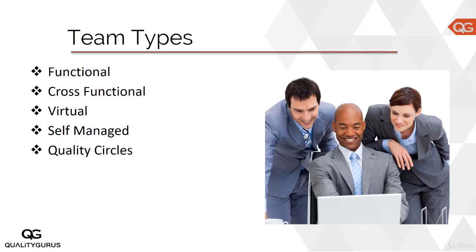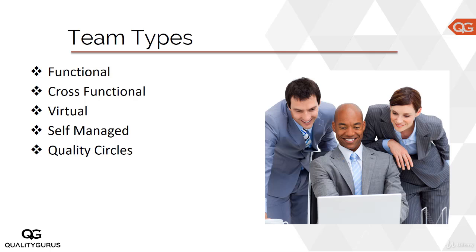There are its own challenges when you work with a virtual team. But in today's context, when you have companies across the globe, you might have a virtual team where you have members sitting in different countries. You need to communicate with them and work together as a team.